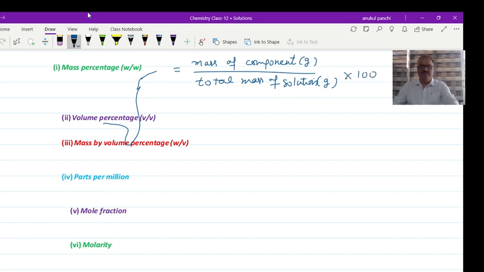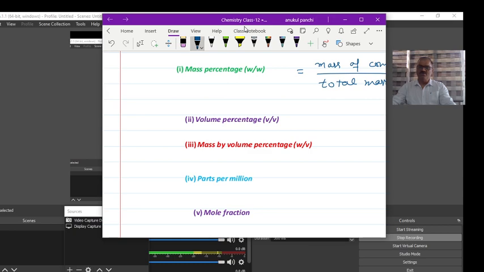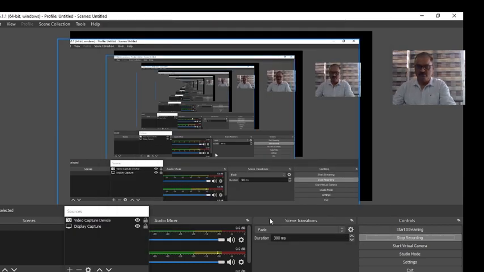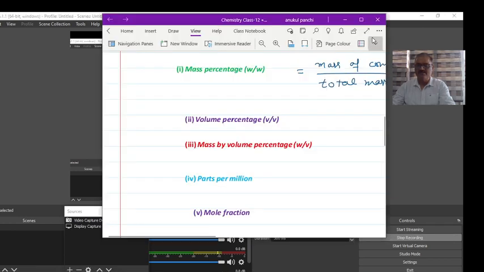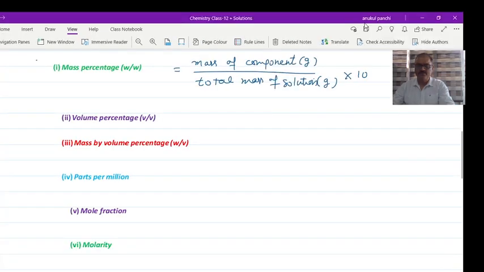So in this way you can express mass percentage concentration of a solution. Now, what will be the unit of the answer? No unit, because you see, gram and gram will be cancelled out and the answer will have no unit.